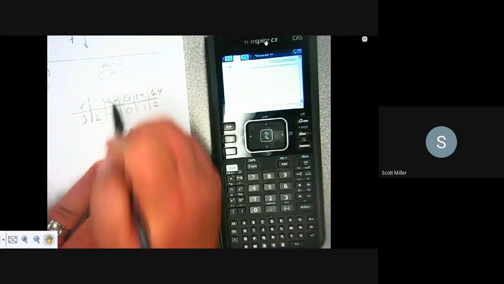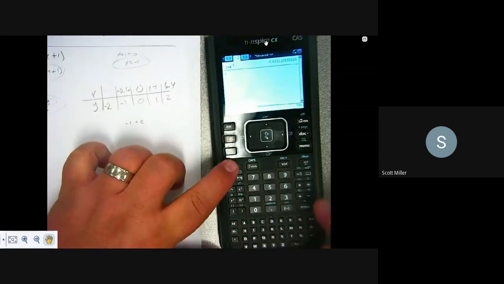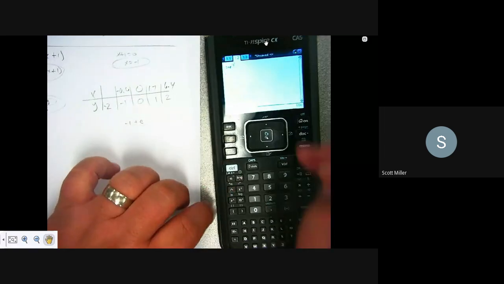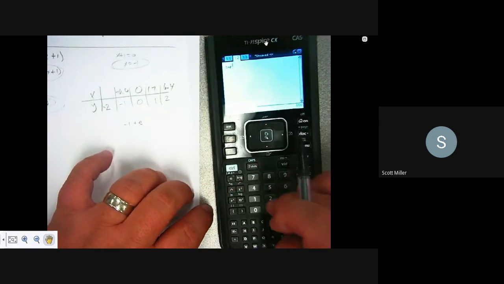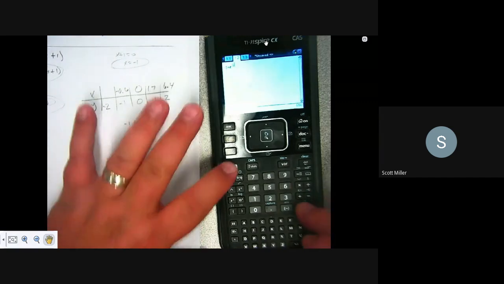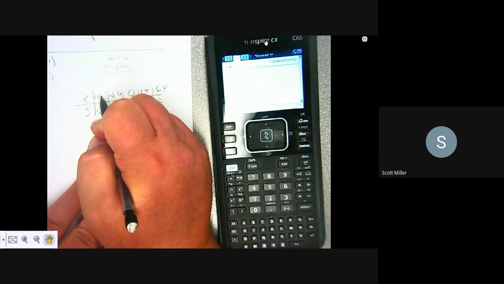Negative 0.6. And then the last one, negative 0.9.